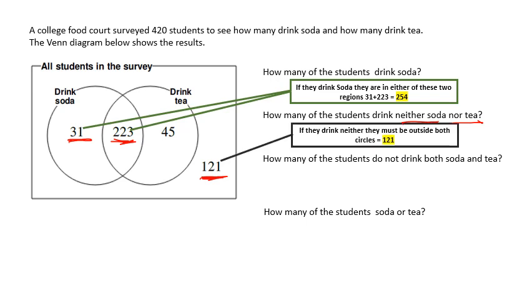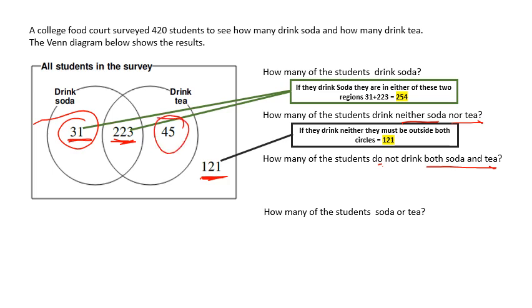Now this next one here, hopefully you were careful, because the students who do not drink both. Well, if you're standing here, you drink only one. You don't drink both. If you're standing here, you only drink one. You don't drink both.